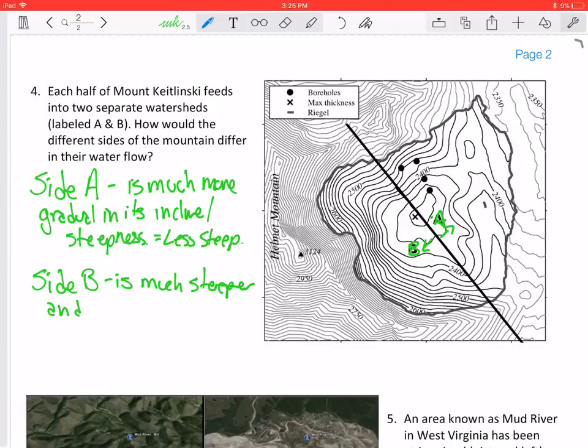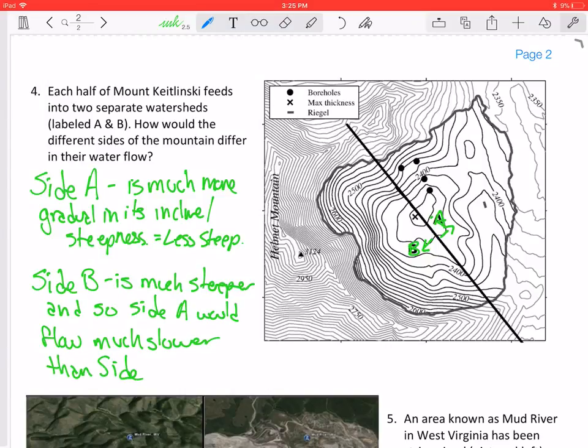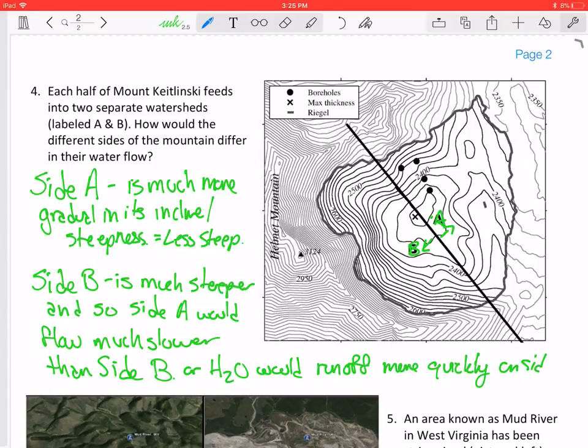Okay, and so side A would flow much slower than side B. Or you could have said water would run off more quickly on side B because it's steeper.